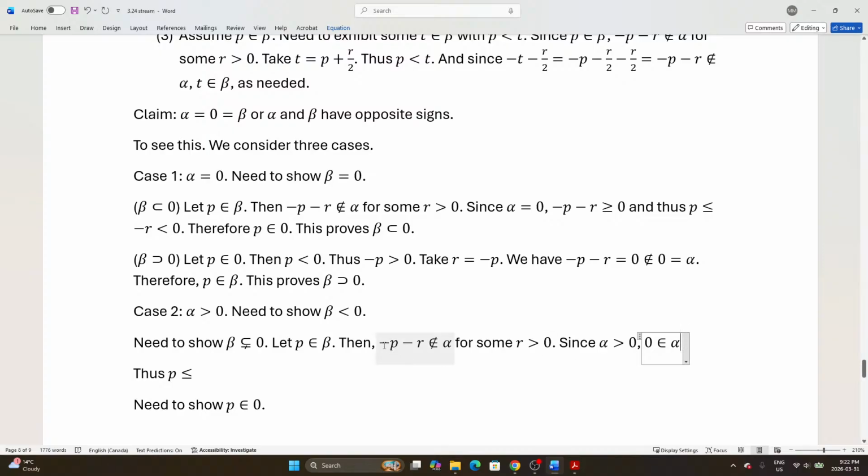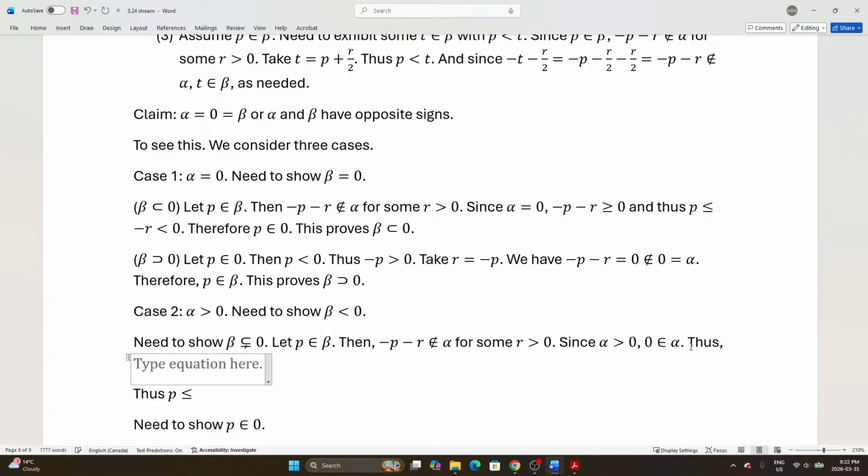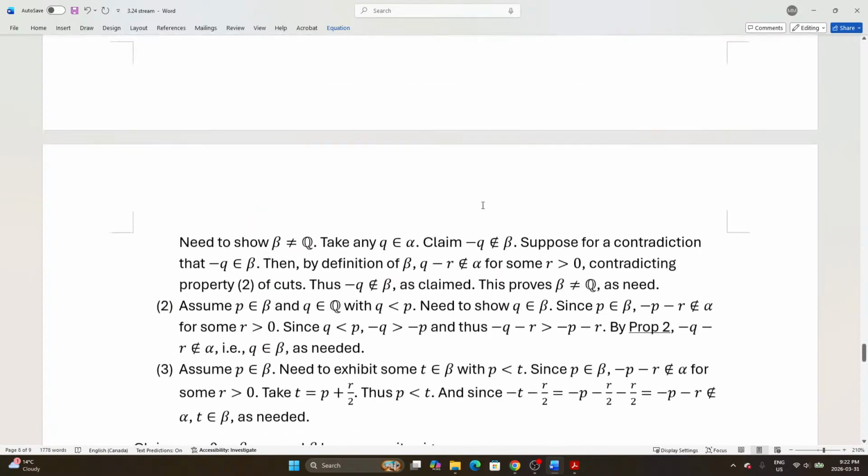And here minus p minus r is not in alpha. 0 is in alpha. Thus, minus p minus r must be strictly greater than 0. Okay, where we use the proposition.